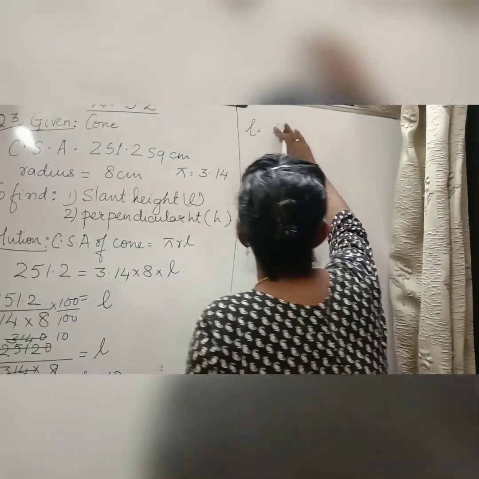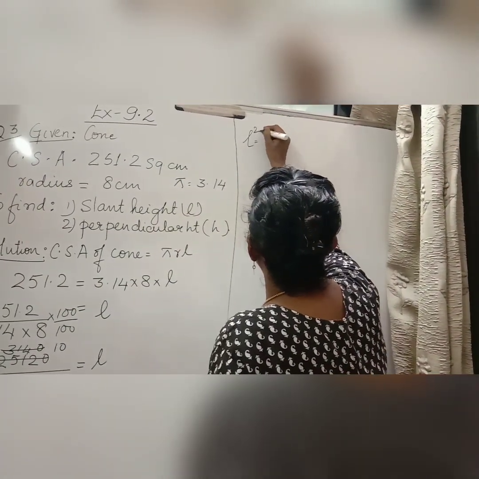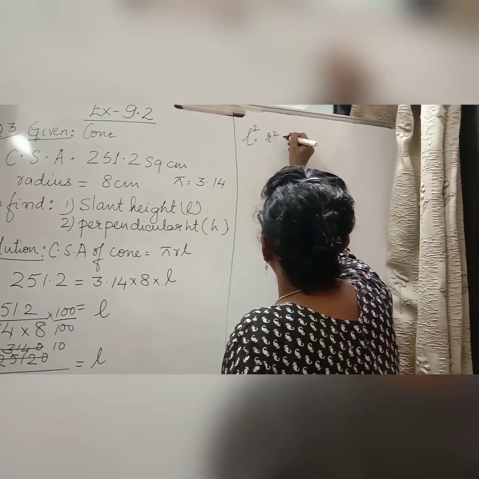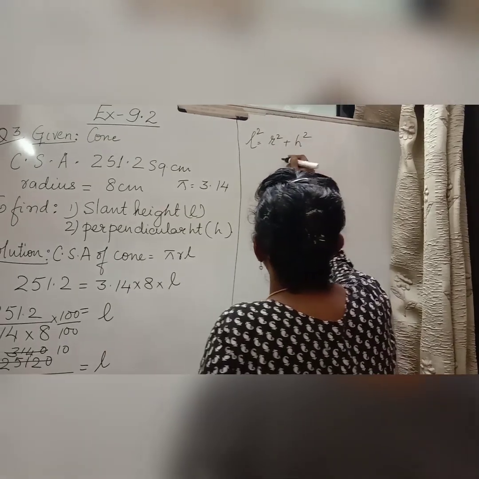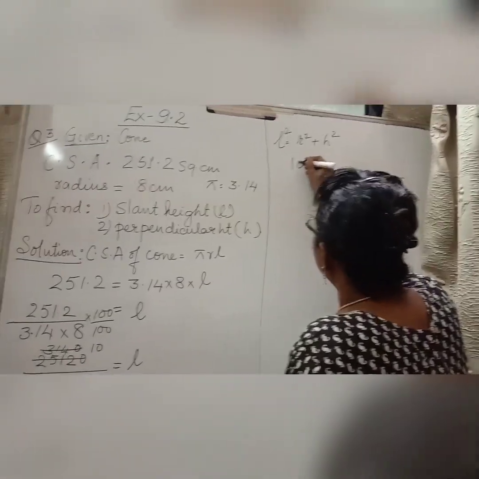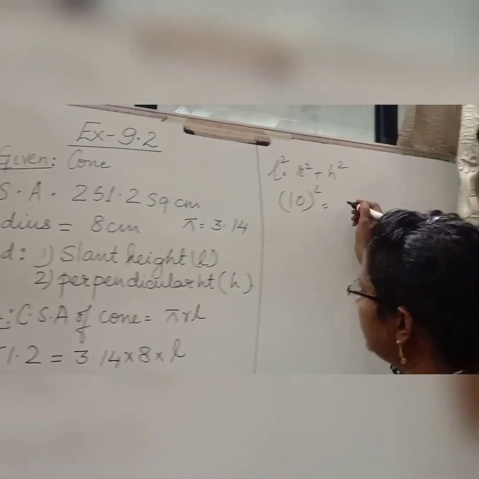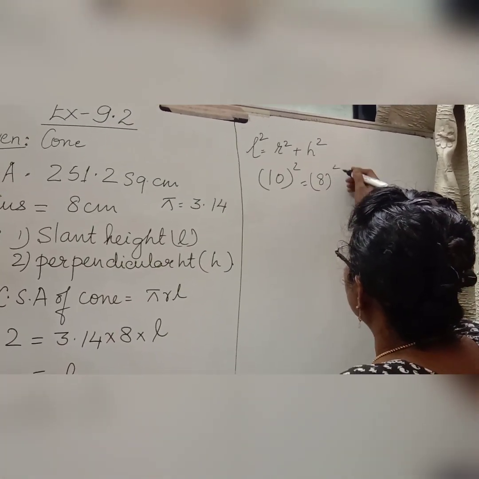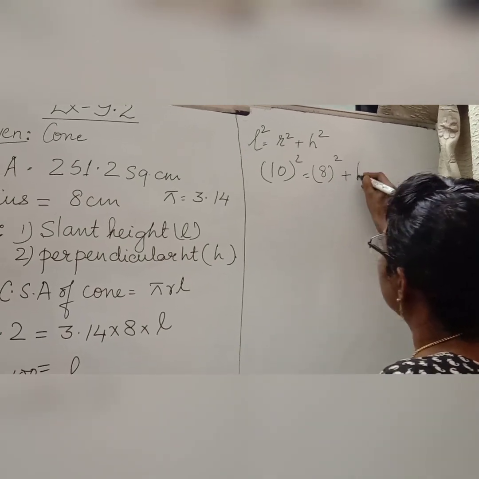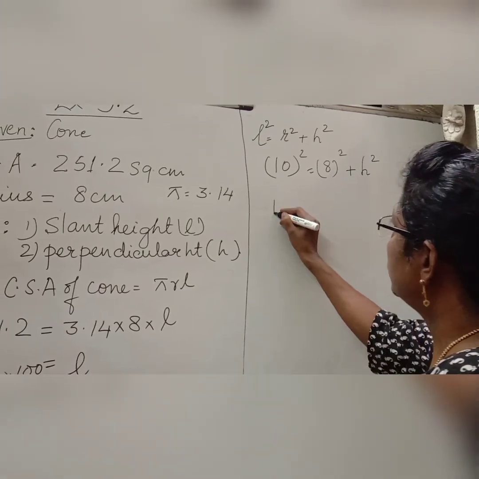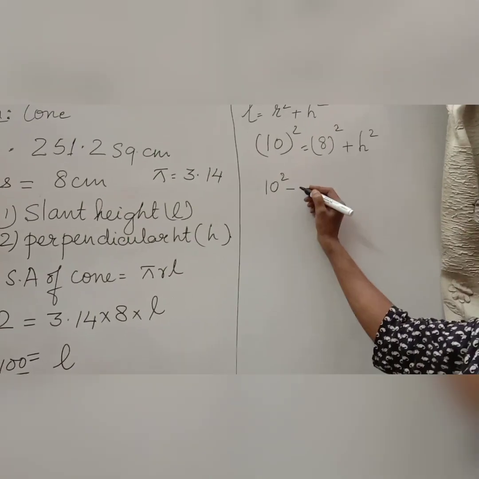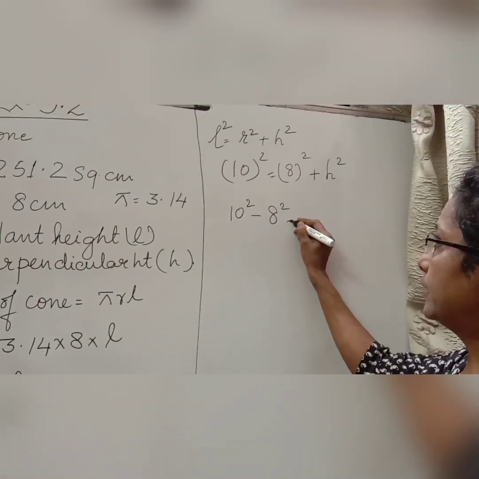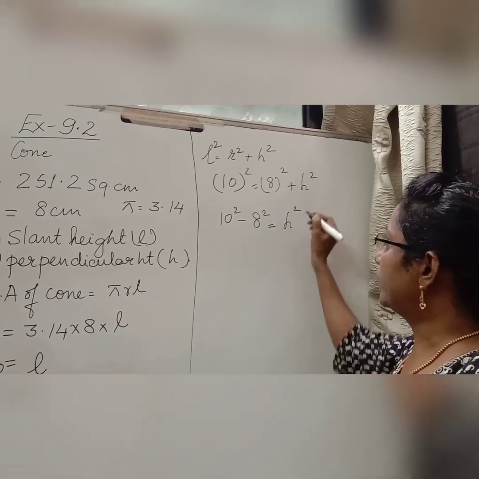Now we will put the formula, substitute the value. L square is equal to R square plus H square. So 10 square is equal to, we already have R as 8, 8 square plus H square. So 10 square minus 8 square is equal to H square.